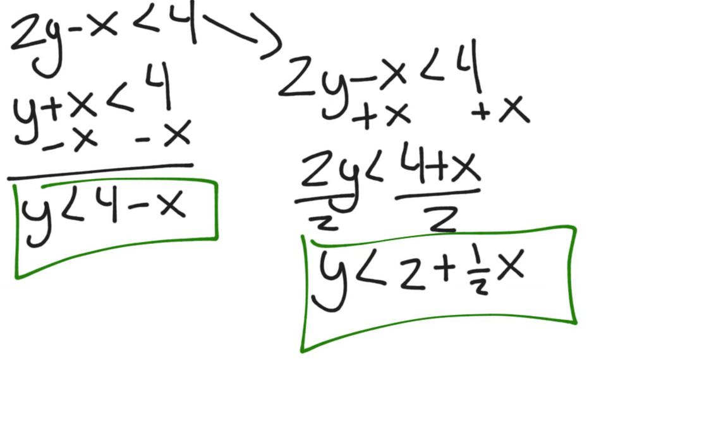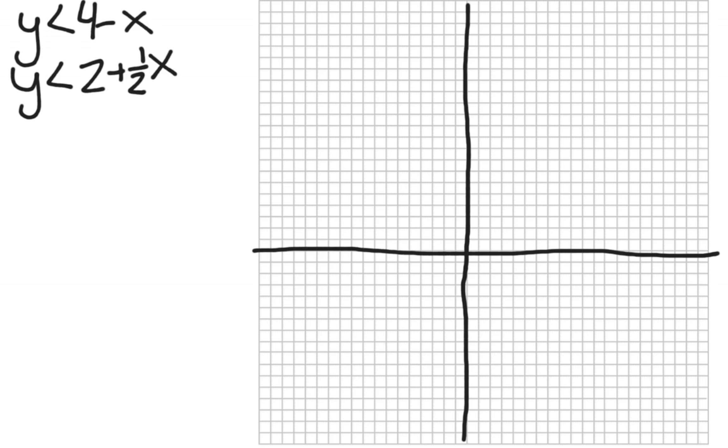So I'm going to take these over to my grid, over to my coordinate plane. I'm going to start by plotting my y-intercept. So for my first equation, that's 4. So I'll go up 4, 1, 2, 3, 4, and make my first point. I'll do this one in green.